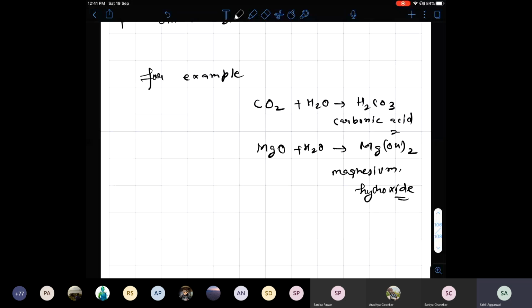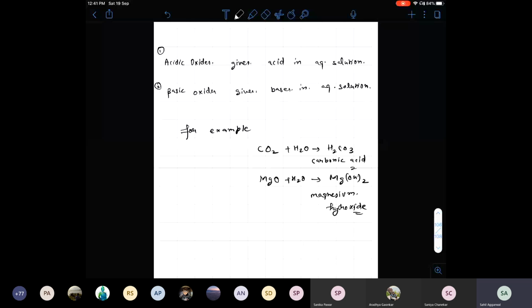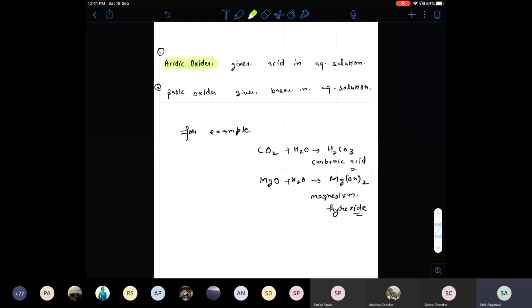You know about P2O5? You have read it somewhere? Okay, understood. I have said when an acidic oxide reacts with water, it gives acid. So when CO2 reacts with water, it gives carbonic acid. And when magnesium oxide reacts with water, it gives magnesium hydroxide. Copy it fast.